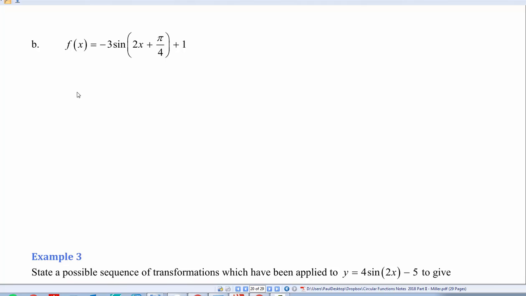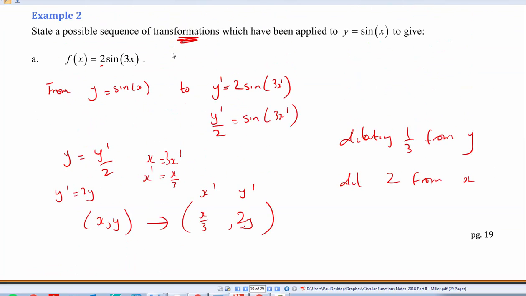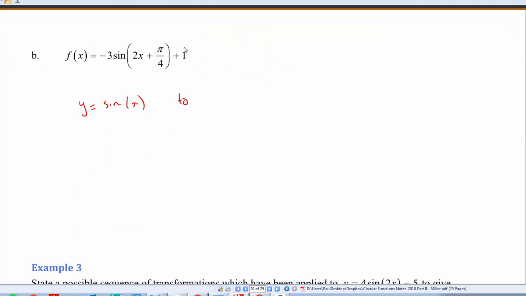So what I'm going to do is say I'm going from y equals the sine of x to, let's just check whether that was the original, yes it was, to this thing here, which is y equals -3 sine 2x plus pi on 4 plus 1. Now what I'm going to do is put my dashes in to indicate that this is the image.